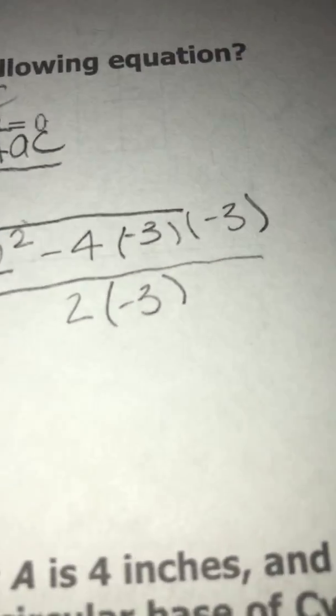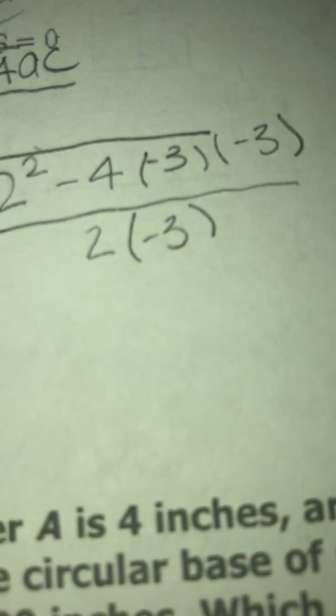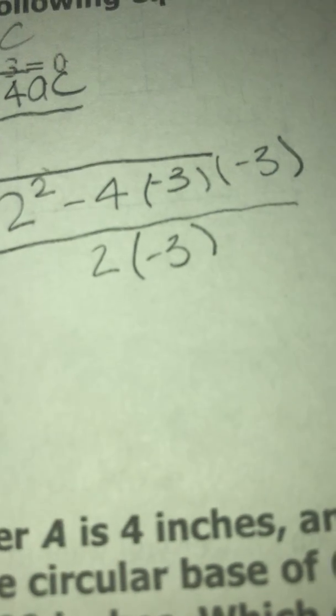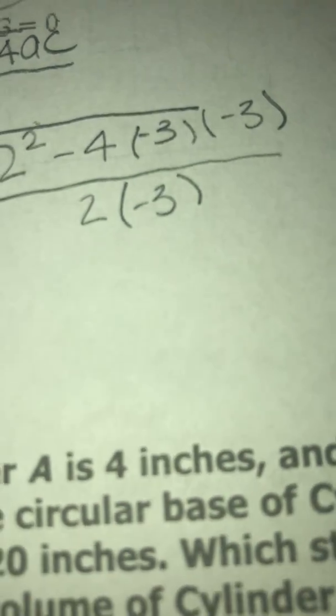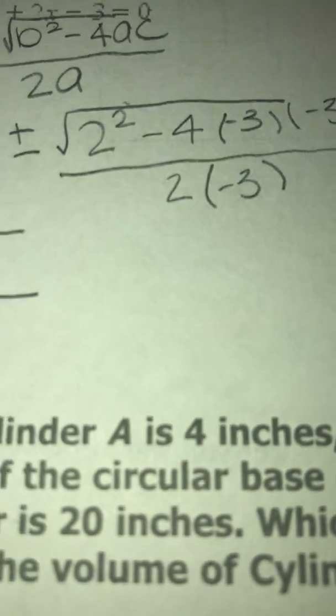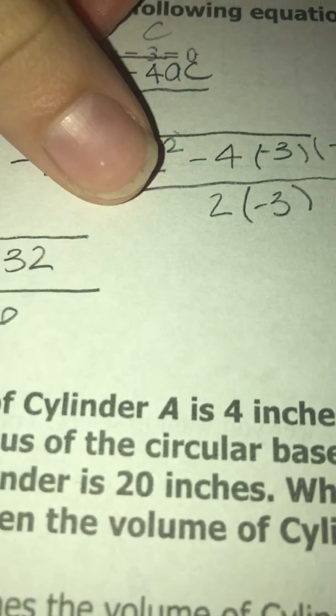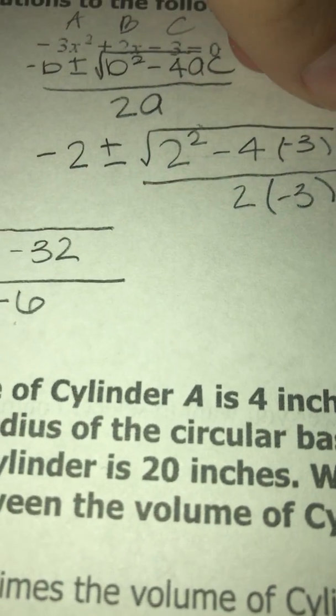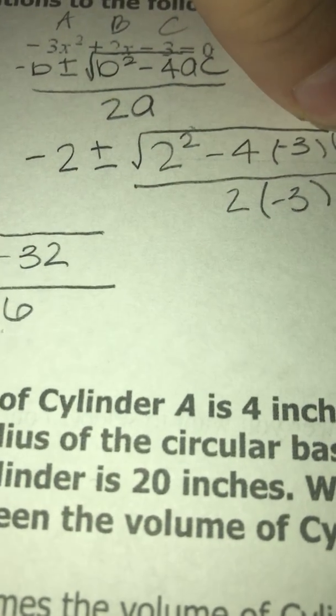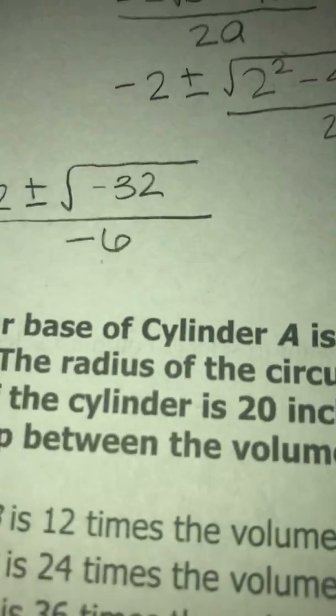And then you multiply negative 4 times negative 3 times negative 3, and you get negative 36. And then when you add this 4 to the negative 36, you get negative 32.